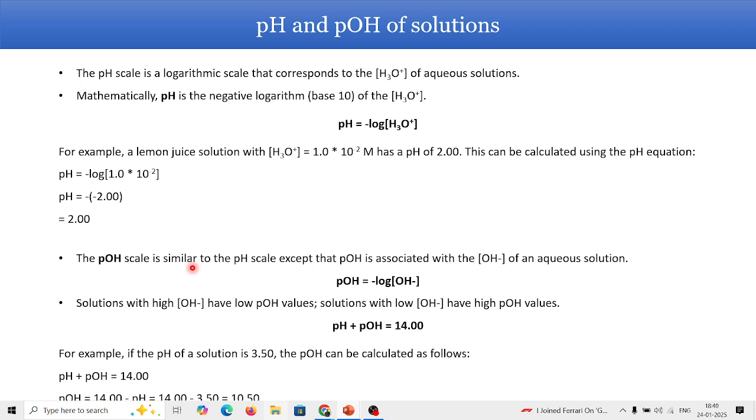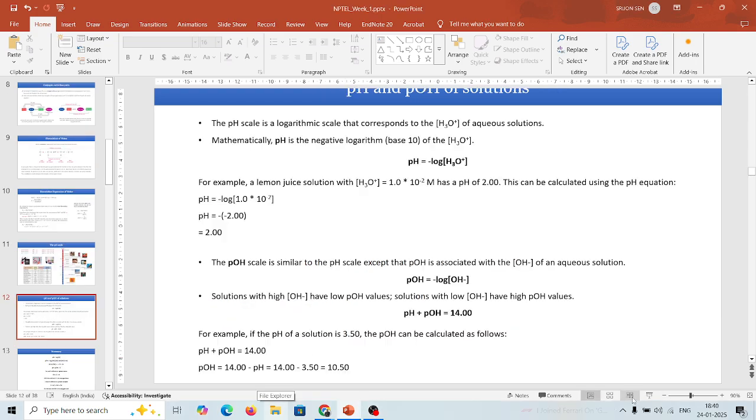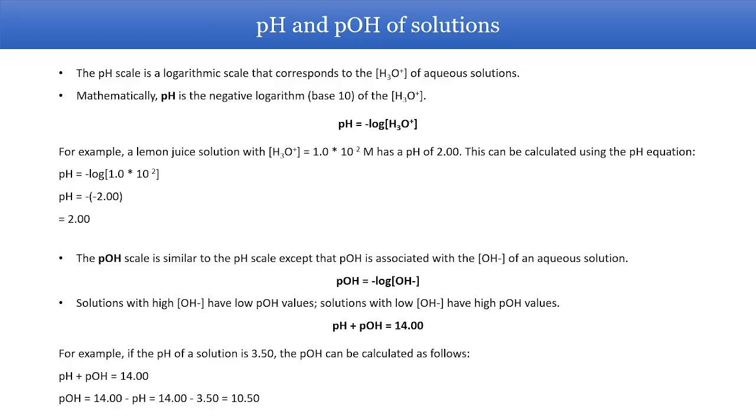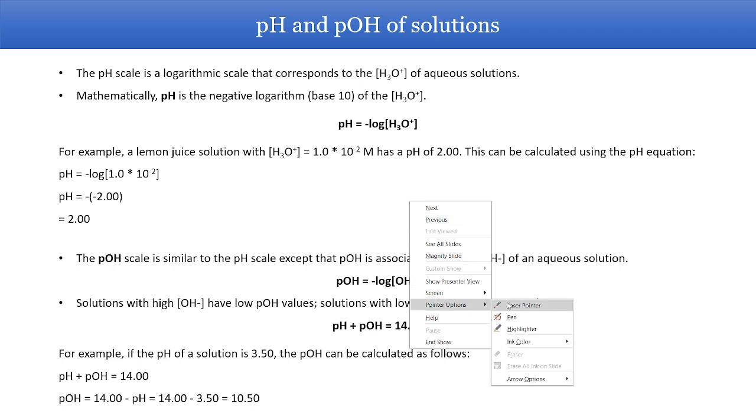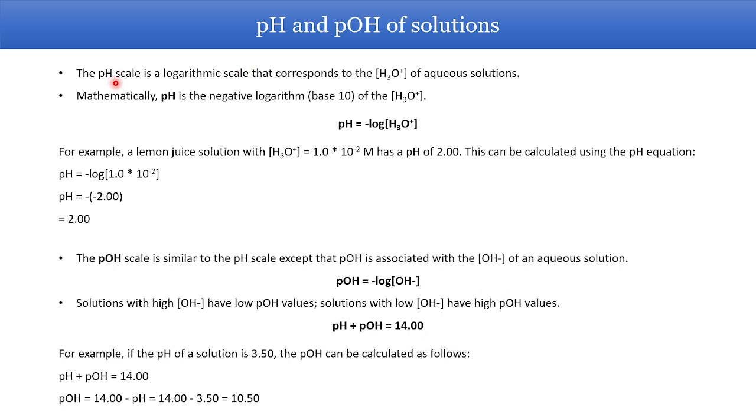So what is the pH and pOH of a solution? We speak very often about the pH scale, the pOH scale and so on, so what are these things basically? The pH scale is the logarithmic scale that corresponds to the concentration of hydronium ions, or the H plus ions, in an aqueous solution.